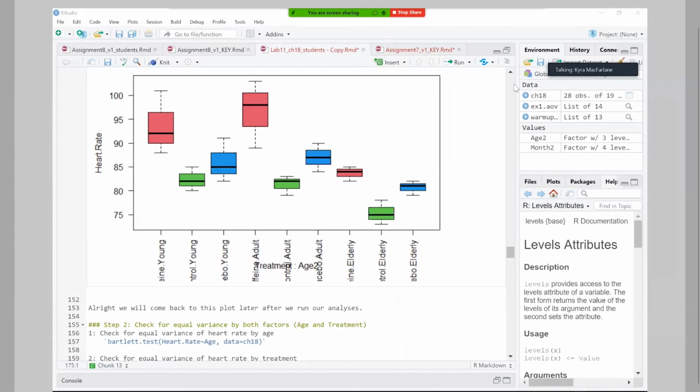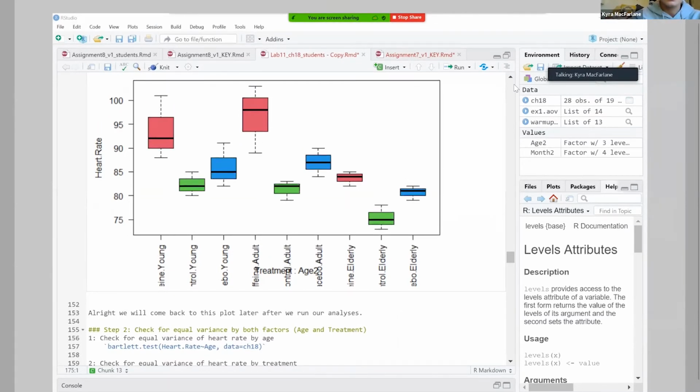Yeah. Okay. So the way that I like to visualize these interactions, let's look at the caffeine across young, adult, and elderly.